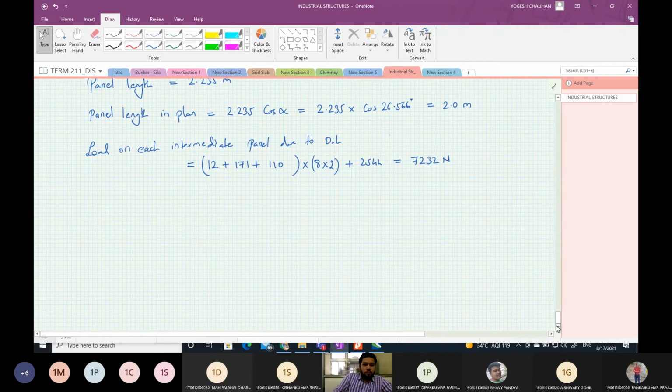So in kilonewton, 7.2, let us say 7.4 kilonewton. Again we are rounding it. This is the full panel point load.